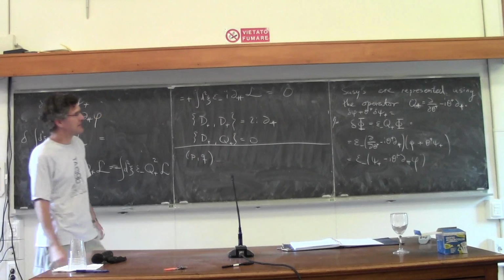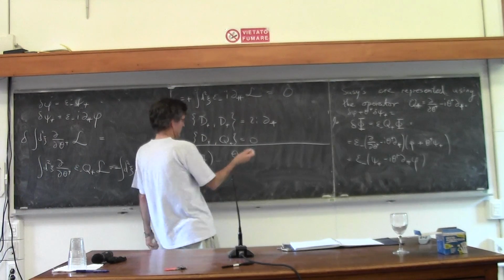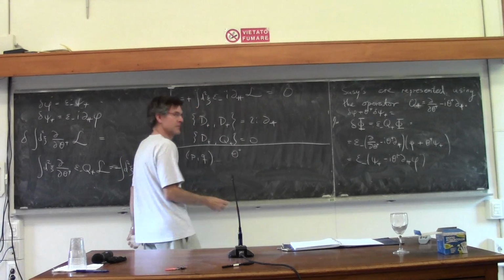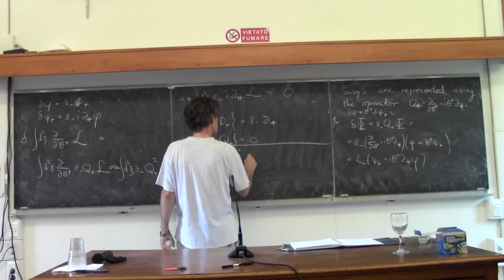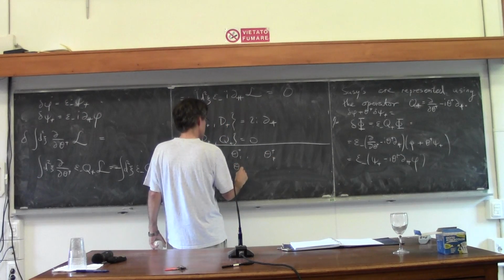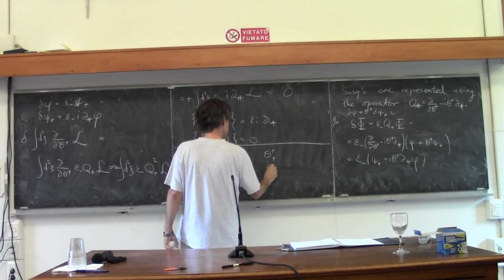And to realize this in a superspace, you would, in principle, have to, for each P, add a theta plus coordinate. And for each Q, you have to add a theta minus coordinate.